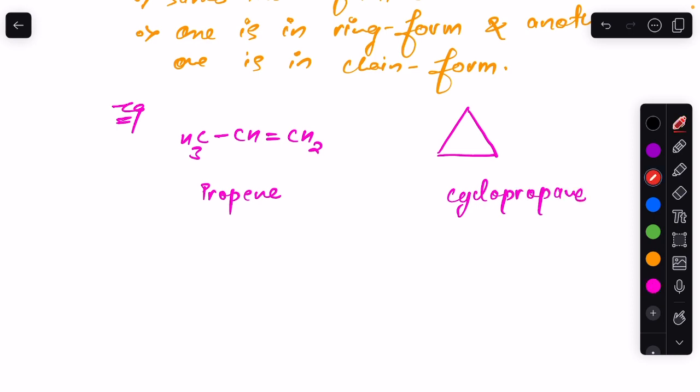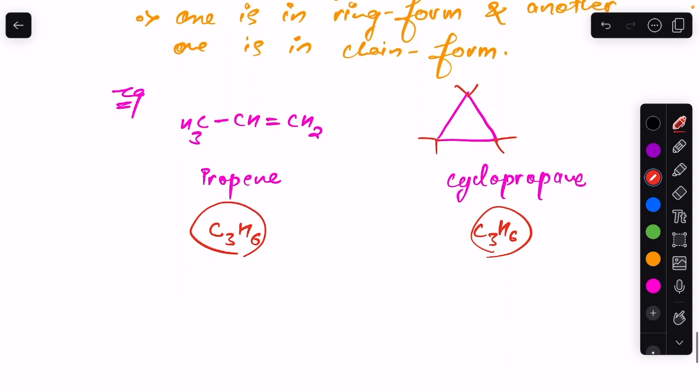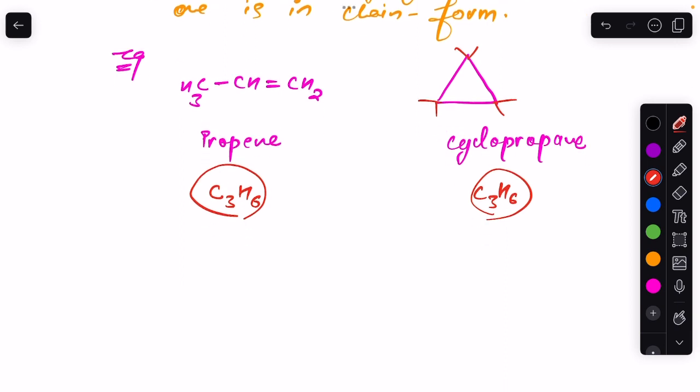If we look at the molecular formula, the propene is C3H6. This one is also C3H6. So the molecular formula is the same, whereas one of the isomers is in ring form and another one in chain form. So this was all about structural isomerism.